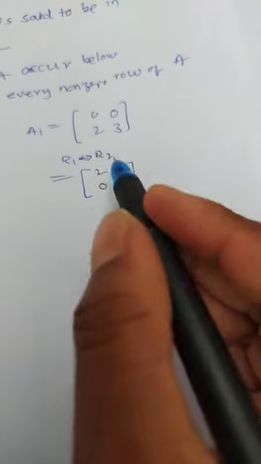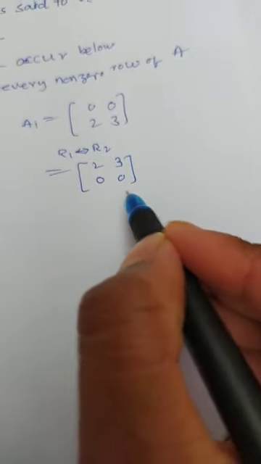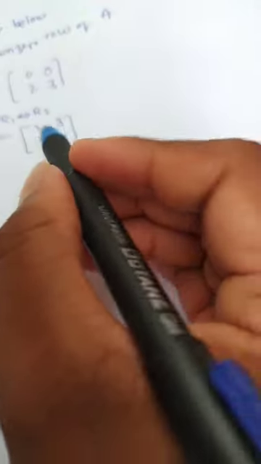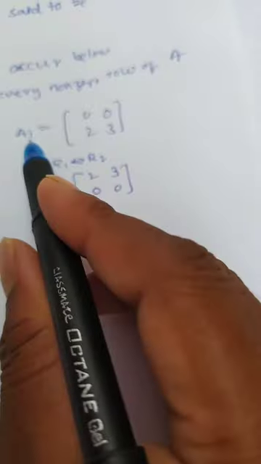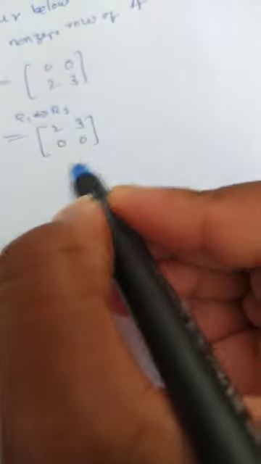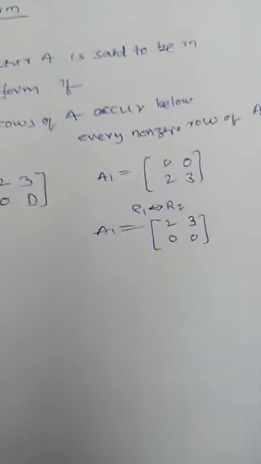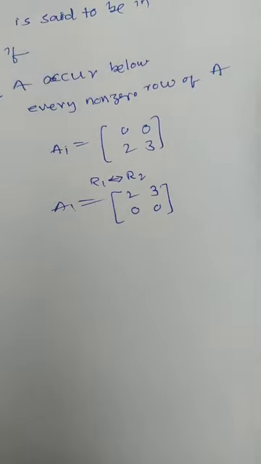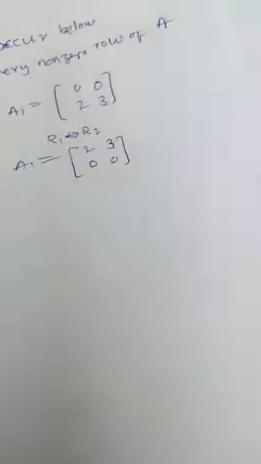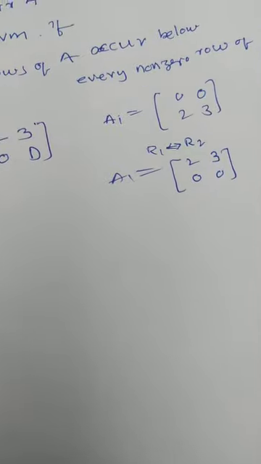Now the 0 row is occurring below the non-zero row. Now this matrix is converted into echelon form. What is the first condition? If any 0 row occurs in the matrix, you have to send it below the non-zero row.